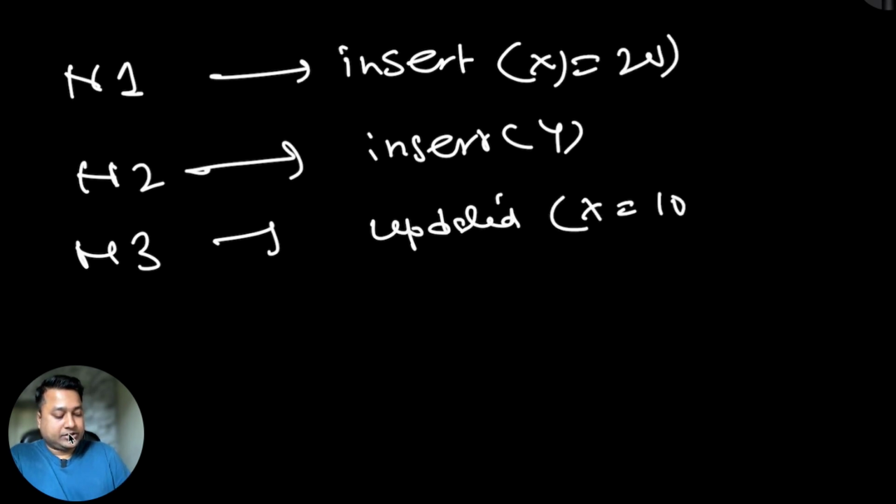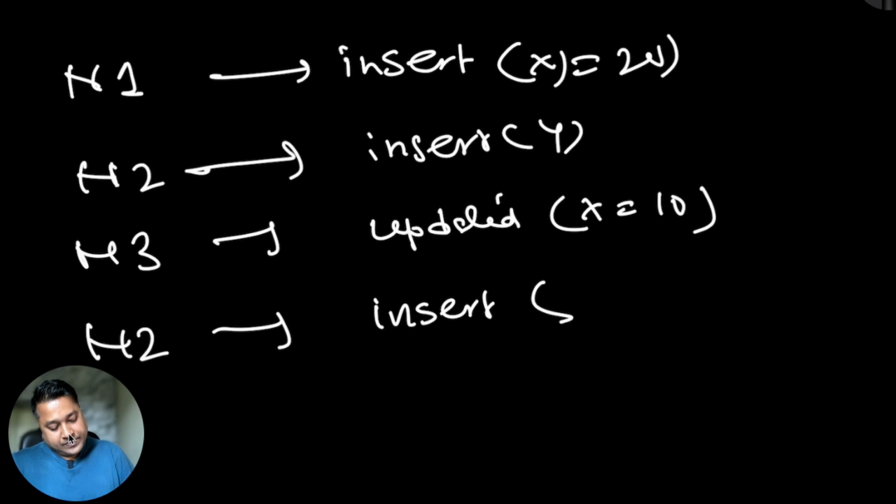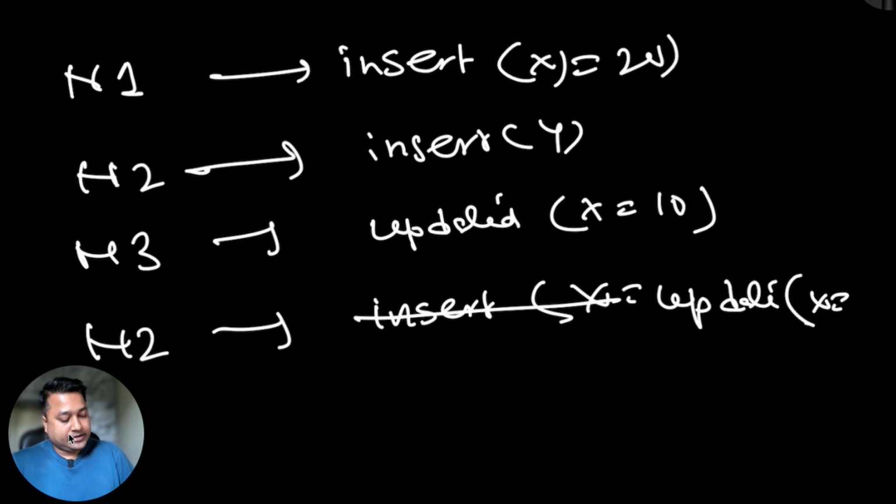When it created X is equal to 10, right? Then what N2 did is, not insert, let's say update X is equal to 100, right?